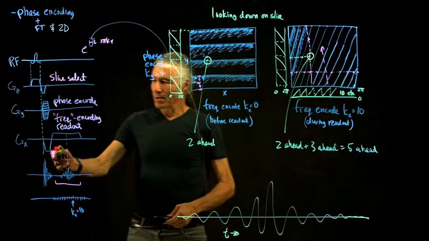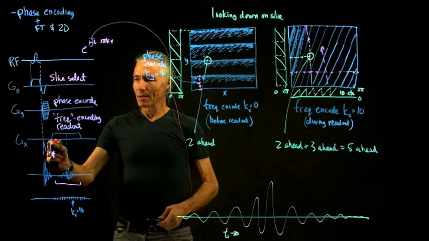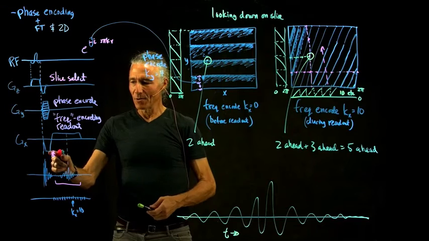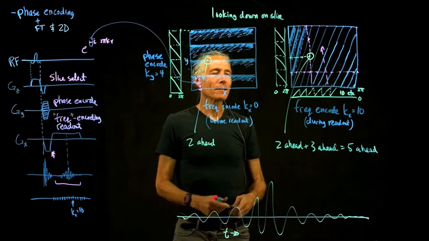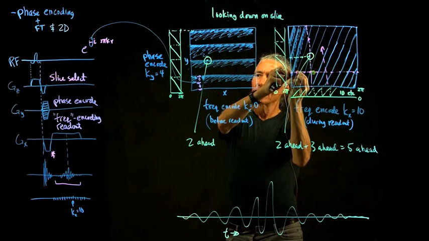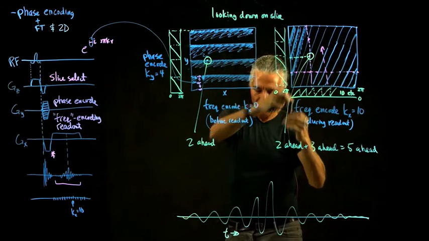So we didn't do any recording until this little negative gradient ended. So what does the negative gradient do? Instead of tilting the spin phase stripes up this way, it's going to tilt them the other way.